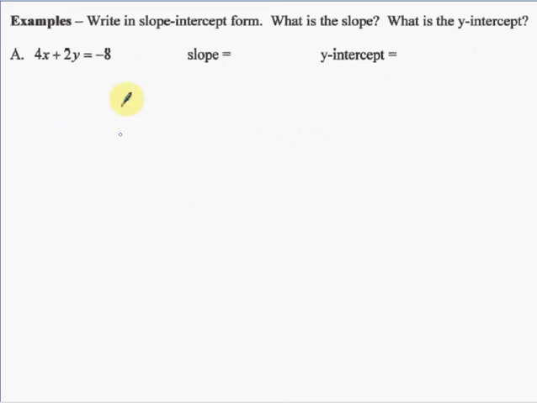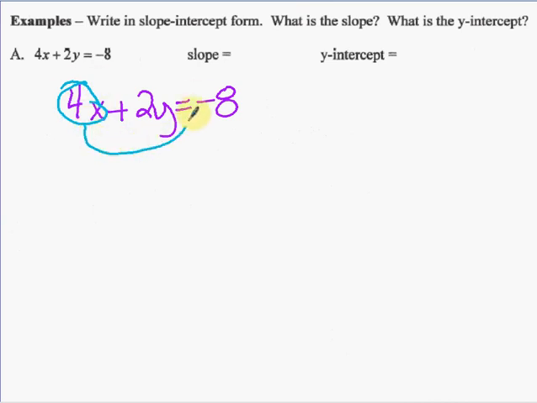So I'm going to write this equation down again so that I can go ahead and modify it a little bit or move some terms around. And there are basically two steps that you have to go through whenever you're writing an equation in slope-intercept form. The first step is you always take the x term, in this case 4x, and you're going to move it right in front of the equal sign.